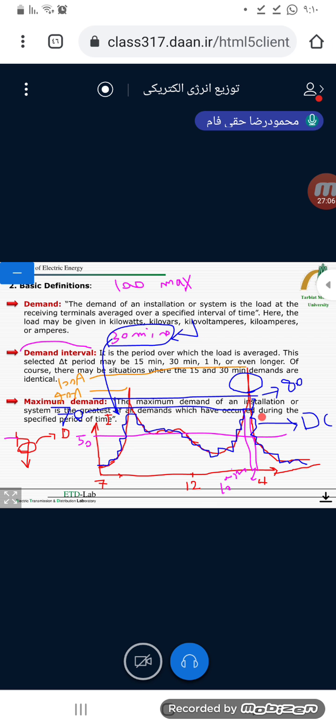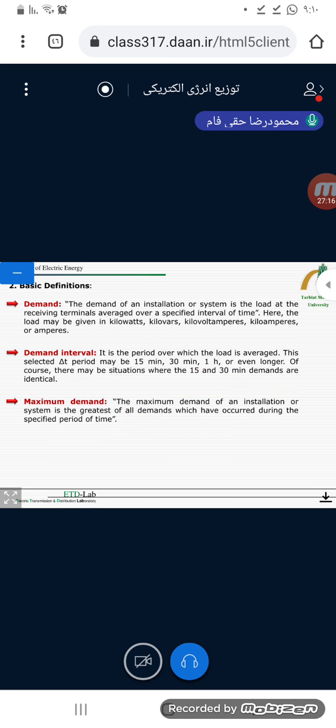This blue curve is the demand curve, and the maximum amount of this demand curve is the maximum demand. Here we defined the load curve.